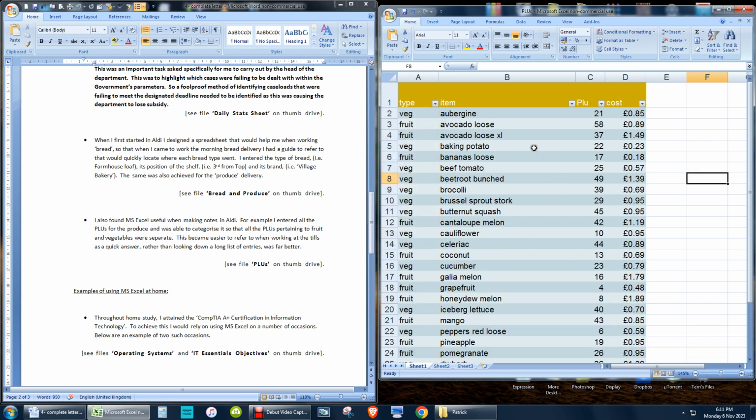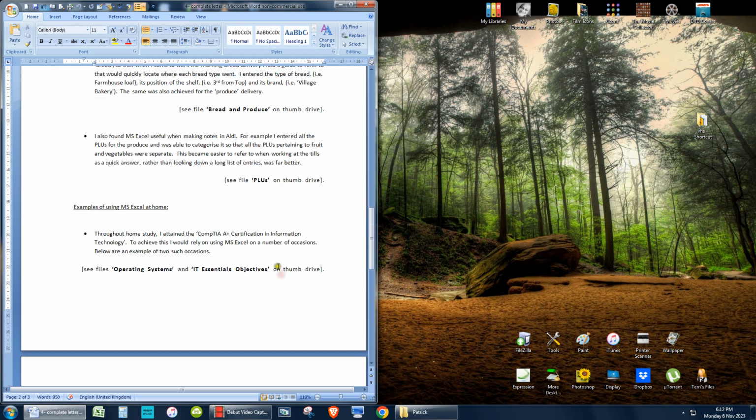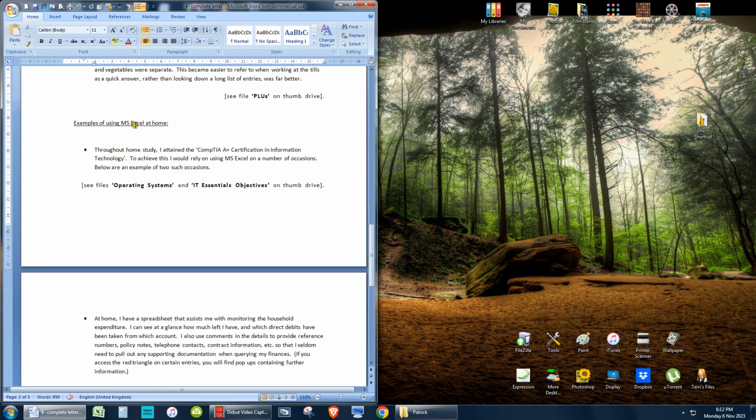It's how it was, and it's all alphabetical order. So I knew at a glance where my item was and what the clue was until I got to know it properly. So I did that. Close it off. Anyway, are examples of using Excel at home. Throughout my home study, I attained the CompTIA A+ certification in information technology.